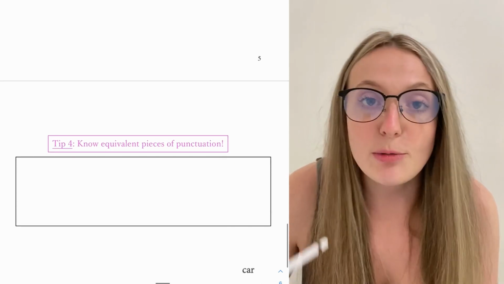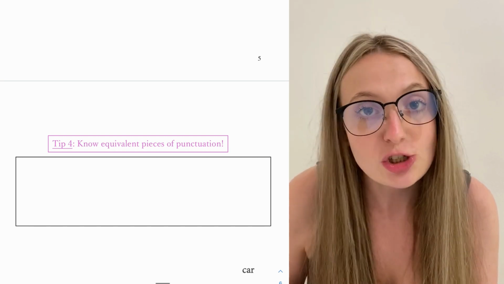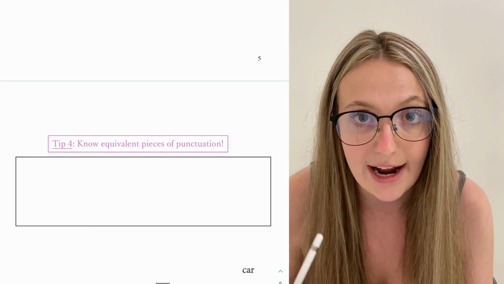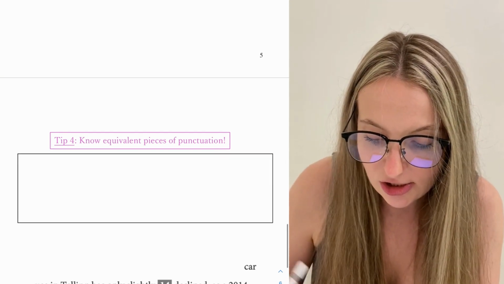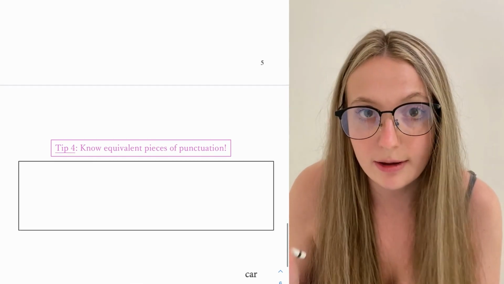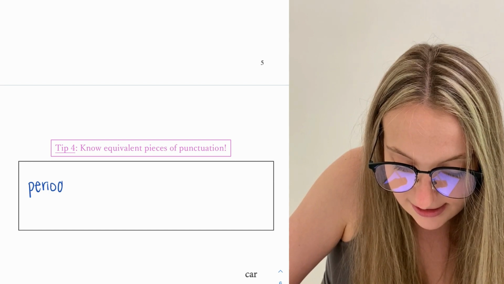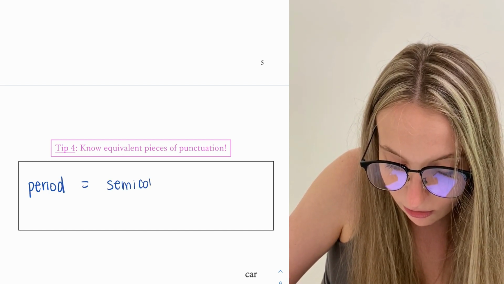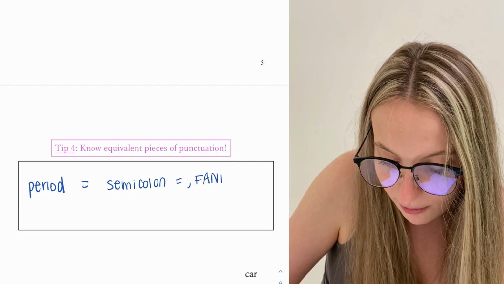Alrighty, and lastly, we're going to fill in this box here. So we need to know what pieces of punctuation are equivalent to each other so we can go ahead and knock out equivalent answer choices easily, quickly, and efficiently. So let's talk about the most common equivalent pieces of punctuation. What we need to know for the SAT is that a period does the same thing as a semicolon, which does the same thing as a comma paired with fanboys.